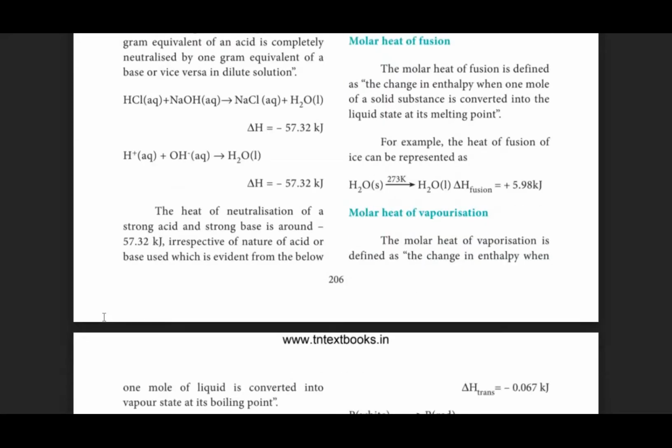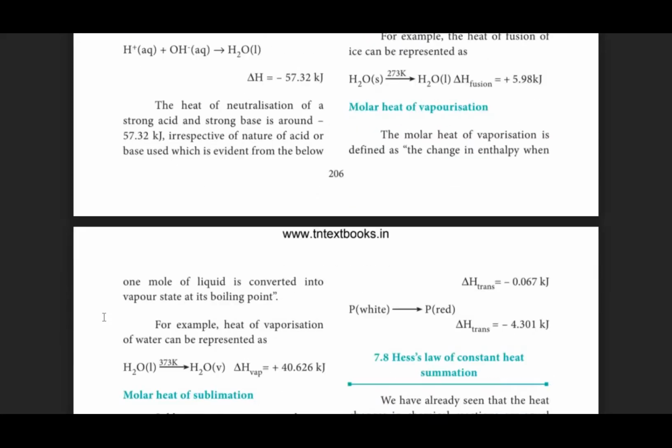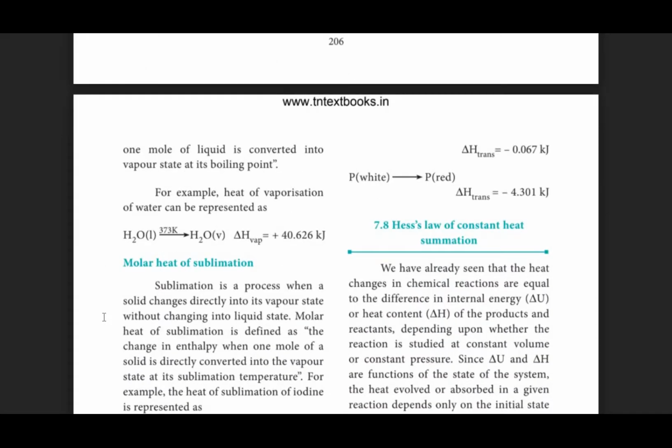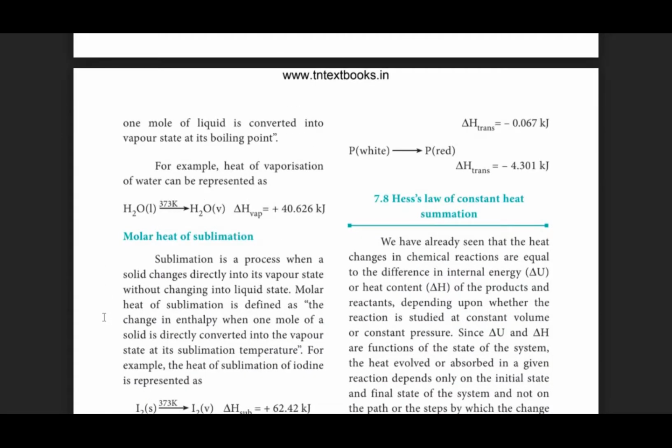Molar heat of vaporization. The molar heat of vaporization is defined as the change in the enthalpy when 1 mole of a liquid is converted into the vapor state at its boiling point. For example, the heat of vaporization of water can be represented as water liquid at 373 Kelvin being converted to water vapor.